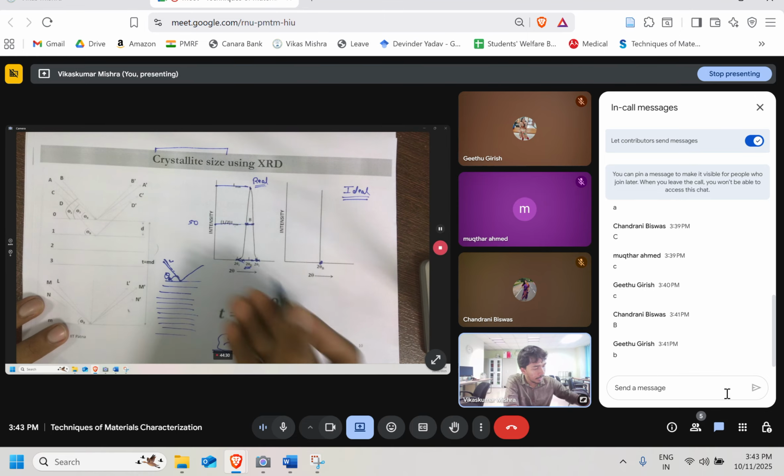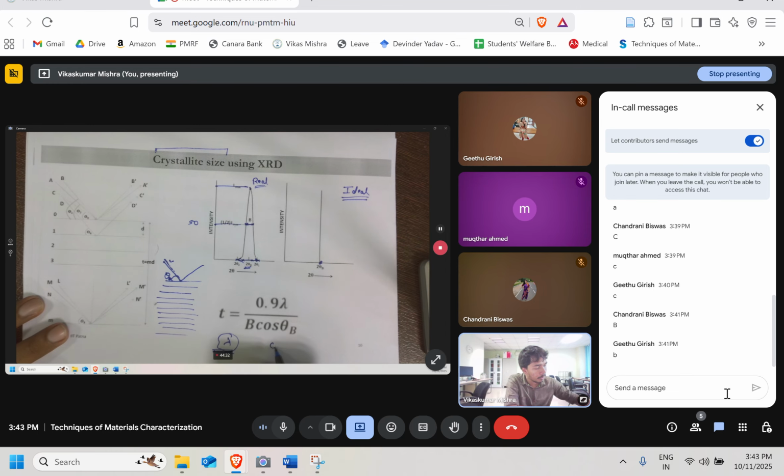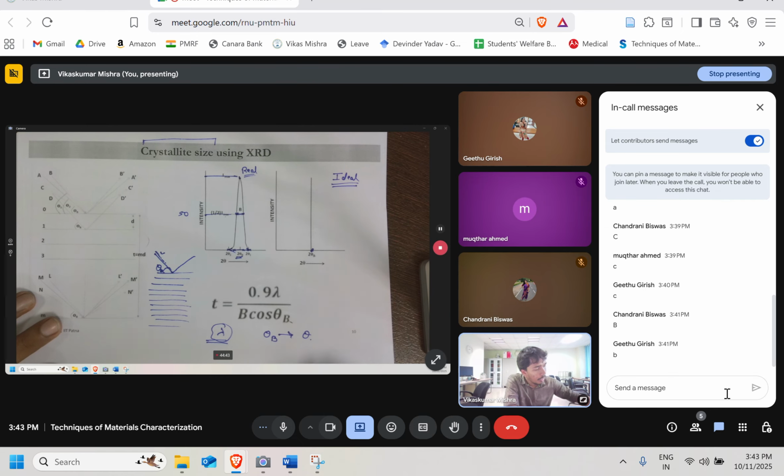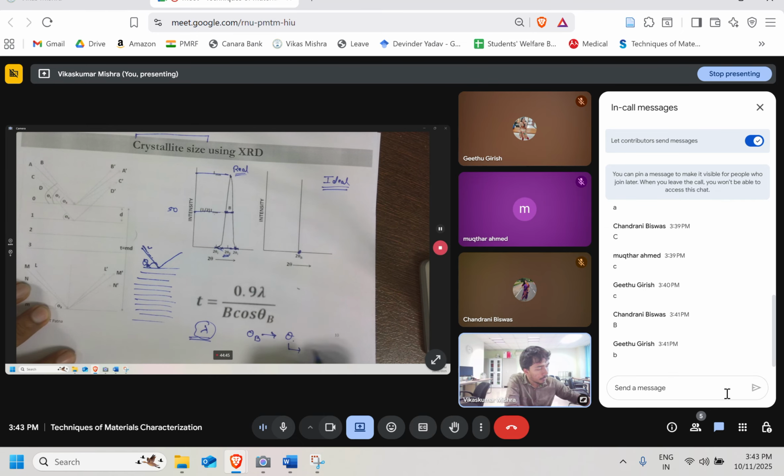But when we move away from the Bragg angle, to some other theta, the path difference will be lambda plus some delta.